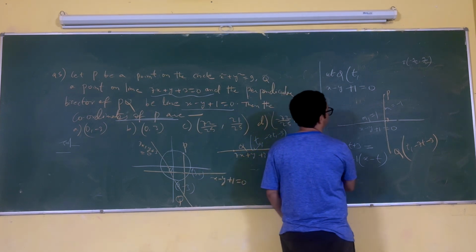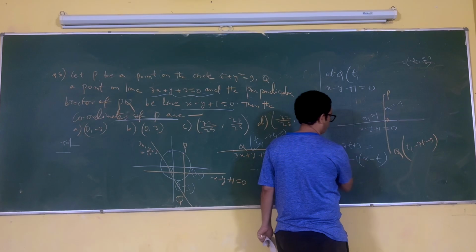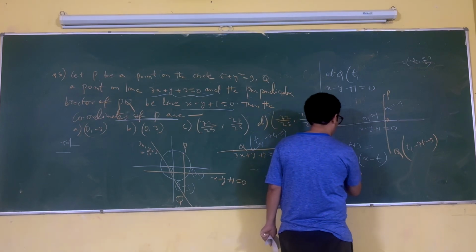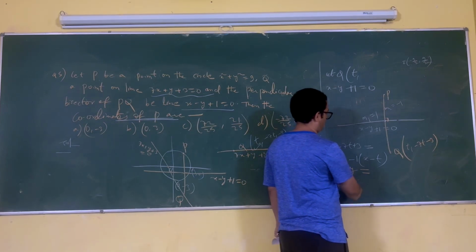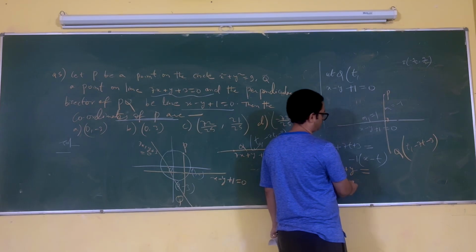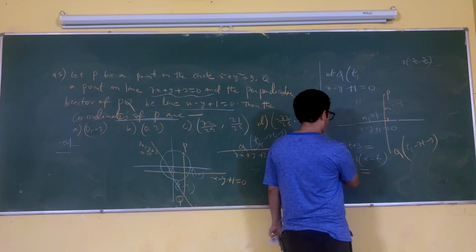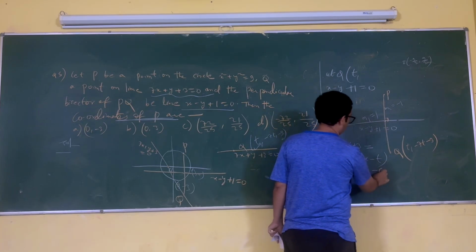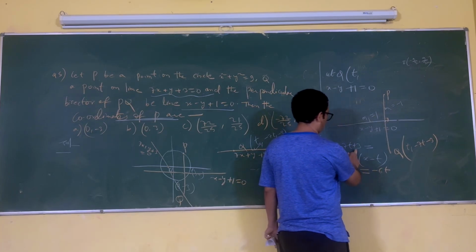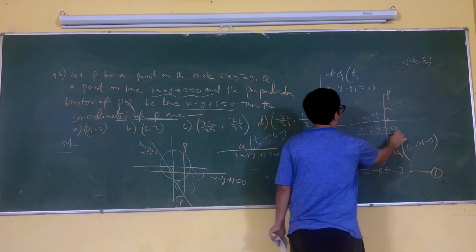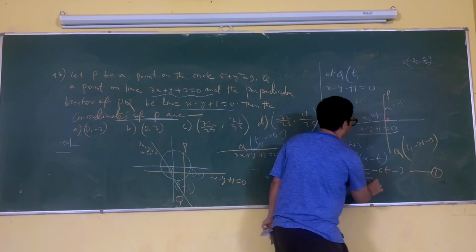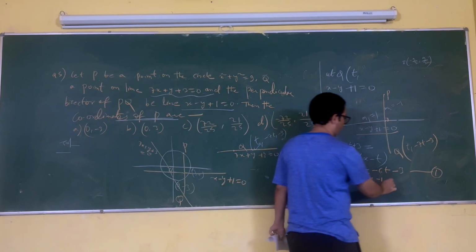So it will be x plus y is equal to 2t plus 3, so minus... then minus 3, correct? So let this equation be first, and the second one is x minus y is equal to minus 1, equation second.